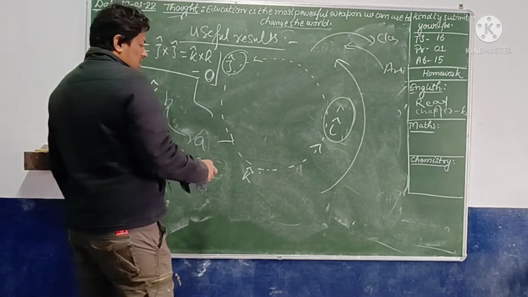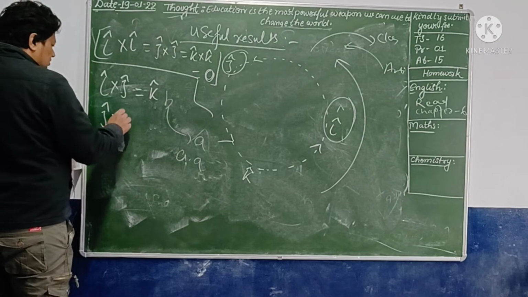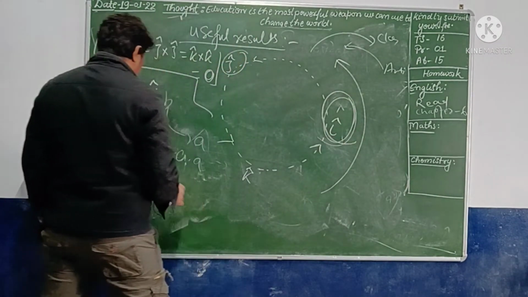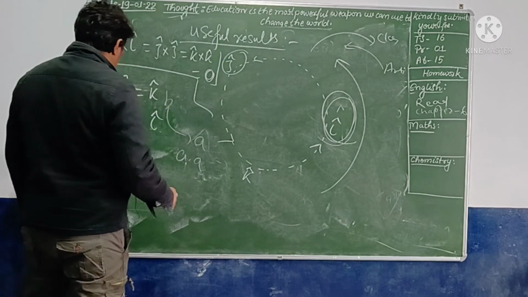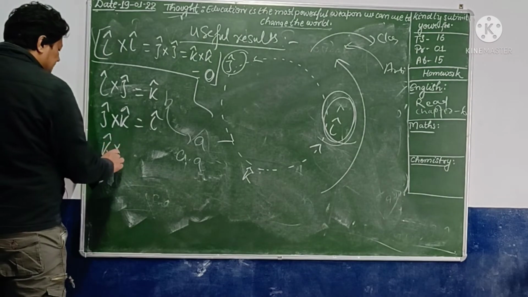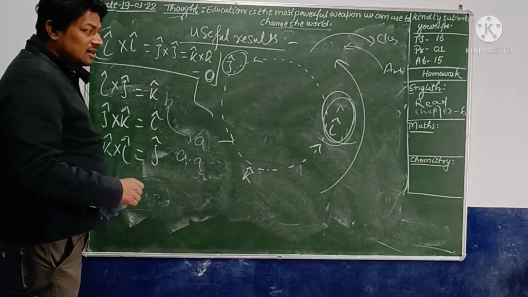फिर J को K के, J cap cross K cap. रिमेनिंग क्या बचेगा? Remaining I. I to J, J to K, and K to I. The value will be I. Is it clear?